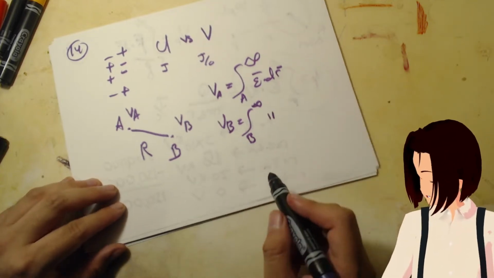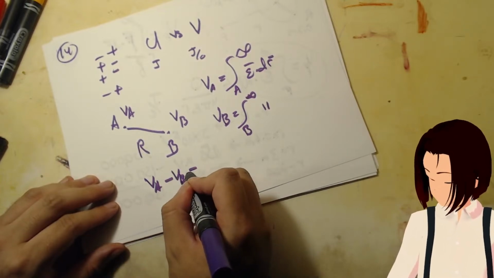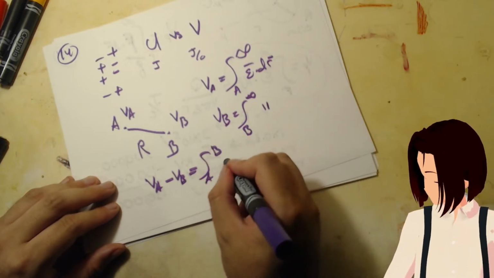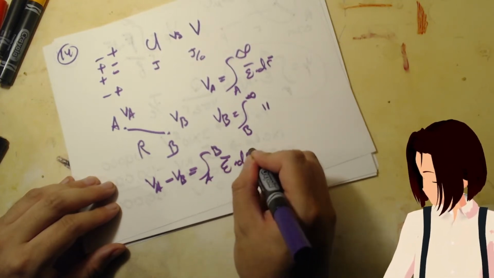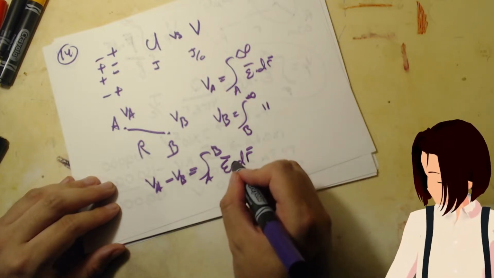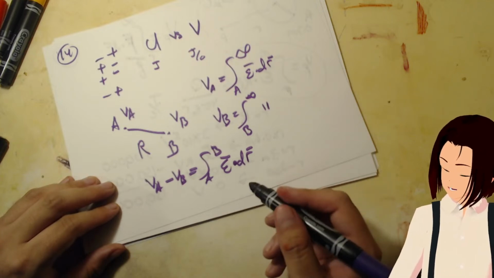So we can write V_A minus V_B, V_AB. Boom. That's the formal definition of potential difference.